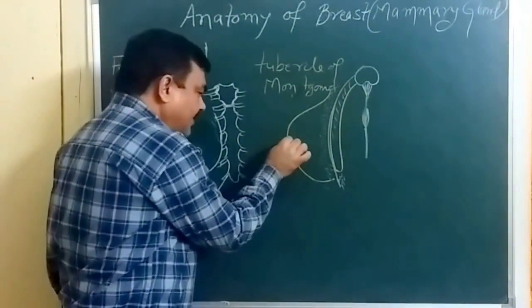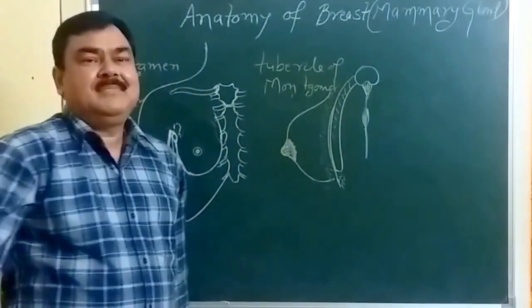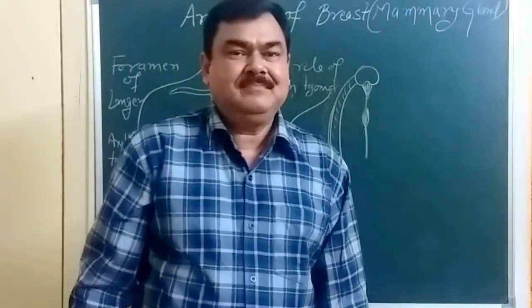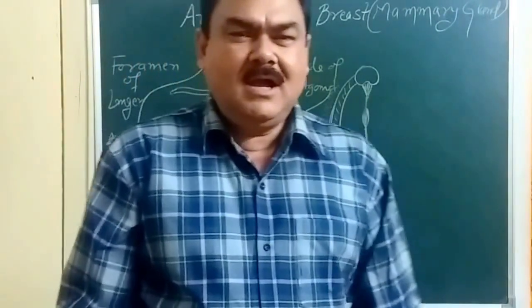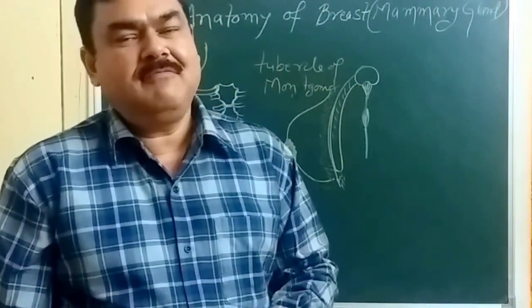So these are the tubercles of Montgomery. This sebaceous gland secretion helps in prevention of cracking of the nipple and areola during the period of lactation.